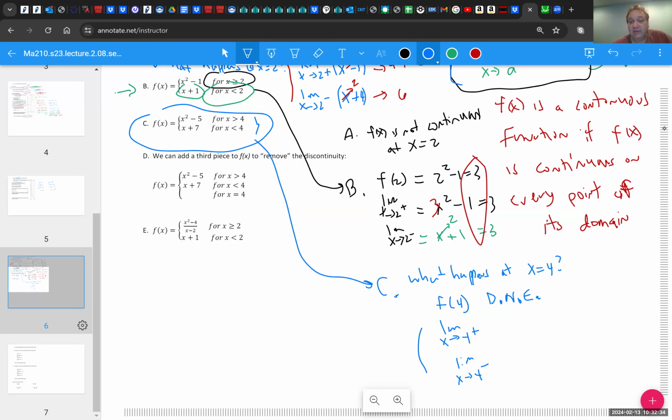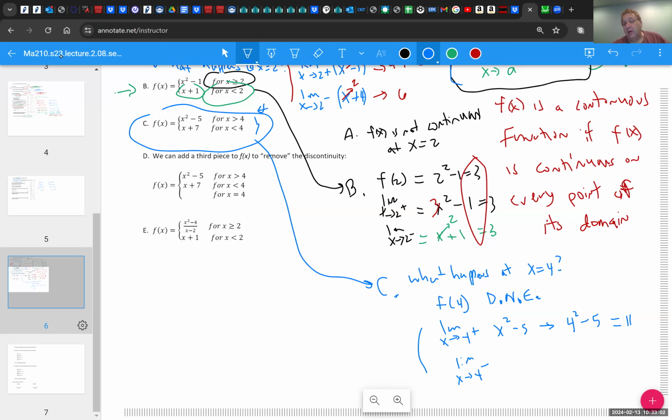I think these limits are the same. If I'm going from 4 to the right, that's the top branch, so that's the x squared minus 5. That's going to turn into 4 squared minus 5, because x is infinitesimally close to 4, which is 11. And lastly, I'm looking for x approaching 4 from the left.